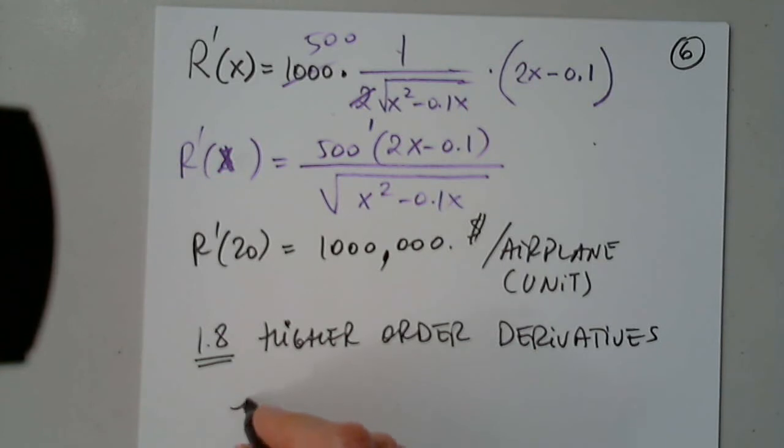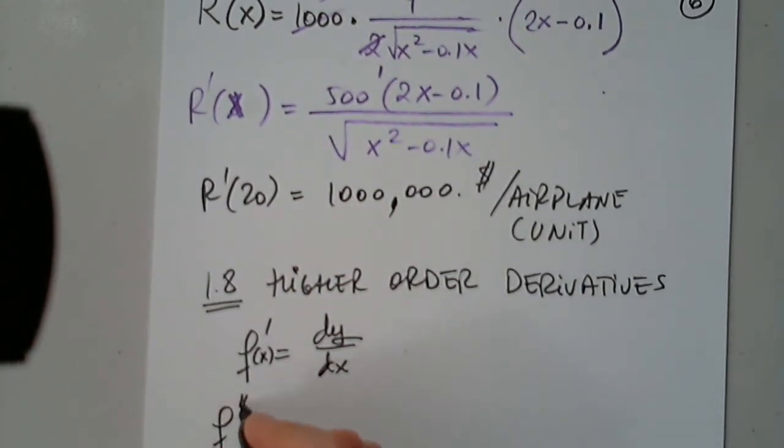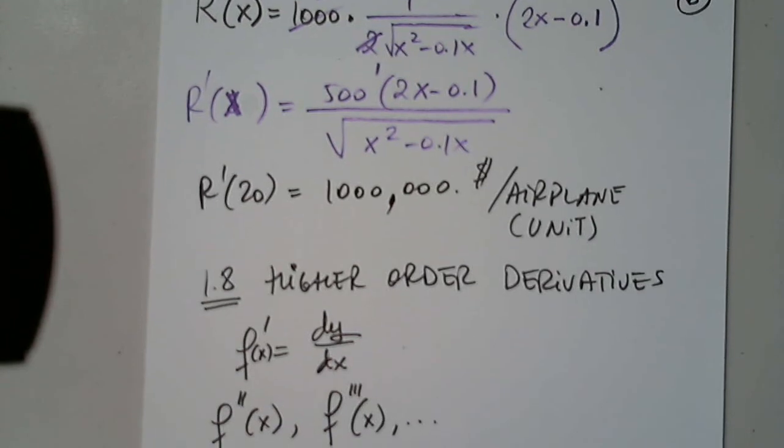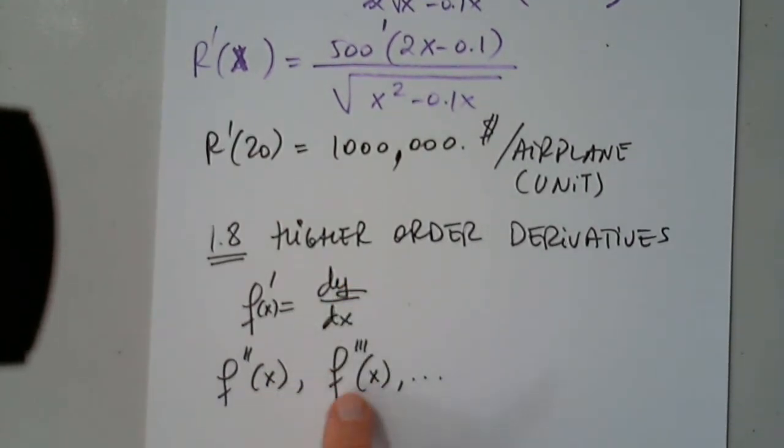So far we talked about f prime, which is the first derivative, or dy over dx. But now we want to look at the second derivative, maybe the third derivative, and so on and so forth. What will be the Leibniz notation for these?